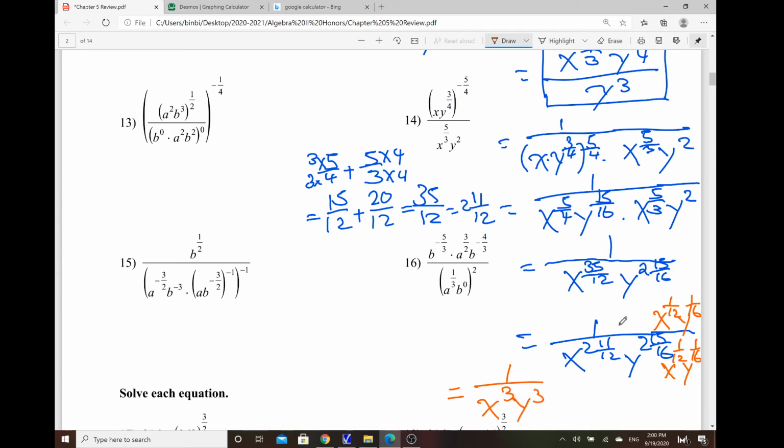And then the top: 1 times x to the power of 1 over 12, y to the power of 1 over 16. So we just leave those elements like that. Again, as you can see, in the denominator there are no more rational exponents.